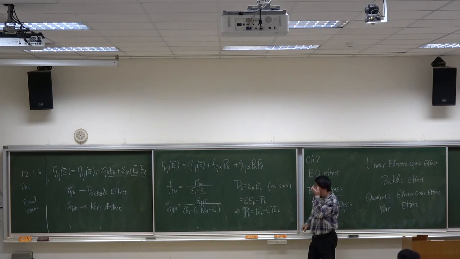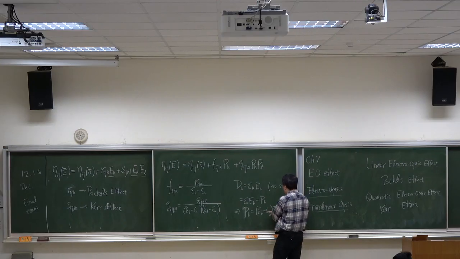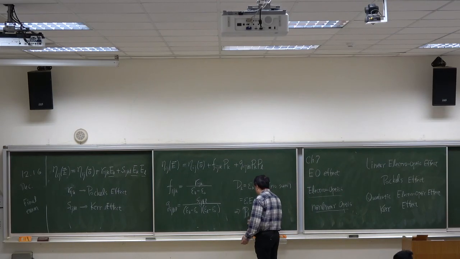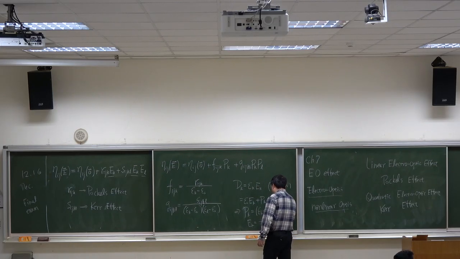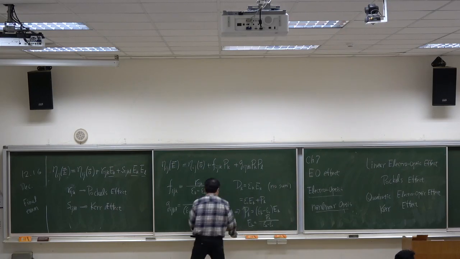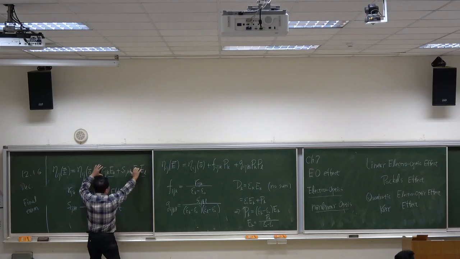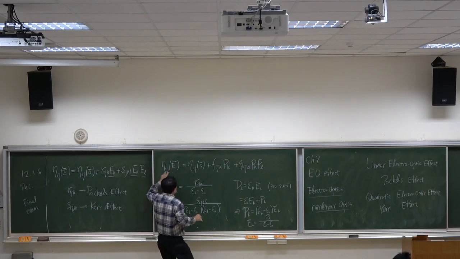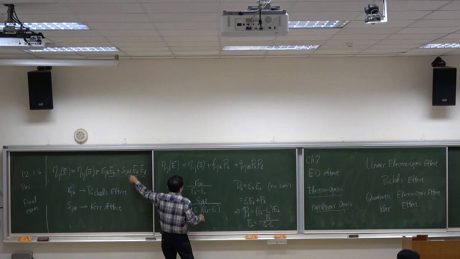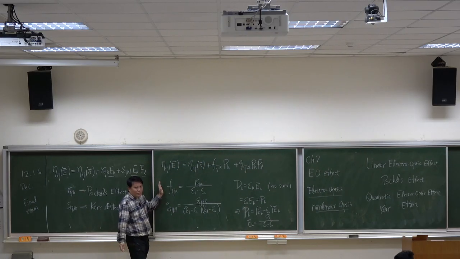So you can also write Ek as Pk over epsilon k minus epsilon 0. So you just substitute this expression here, then identify the result, and you get these two relations.